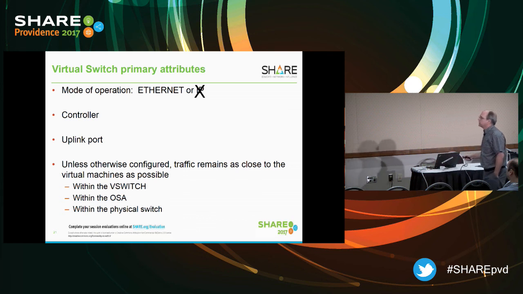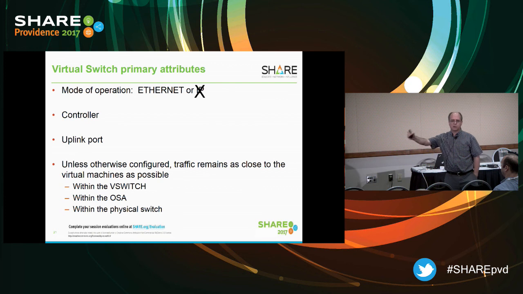Now, the virtual switch also has controllers, and we'll talk about those. There's an uplink port. How does it get out into the network? The uplink is the term we use for how you get out to the network. Where will the VSwitch send data? It will send it to the uplink. Where does it get data? From the uplink.